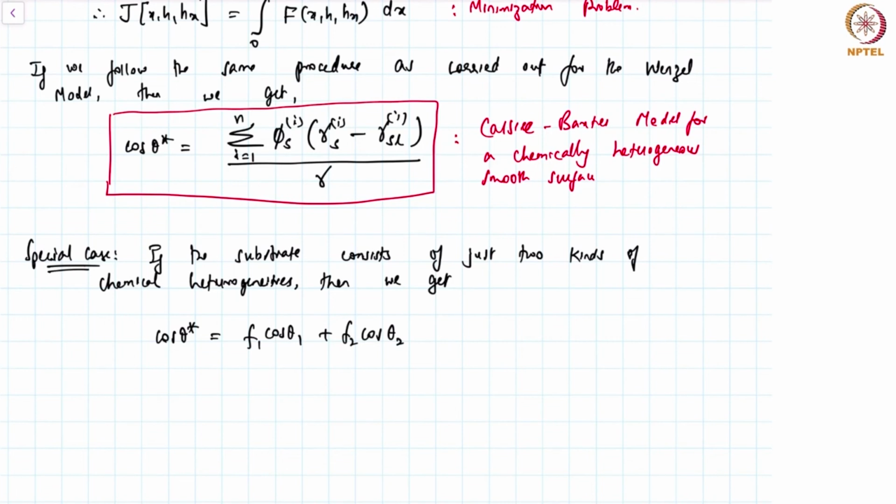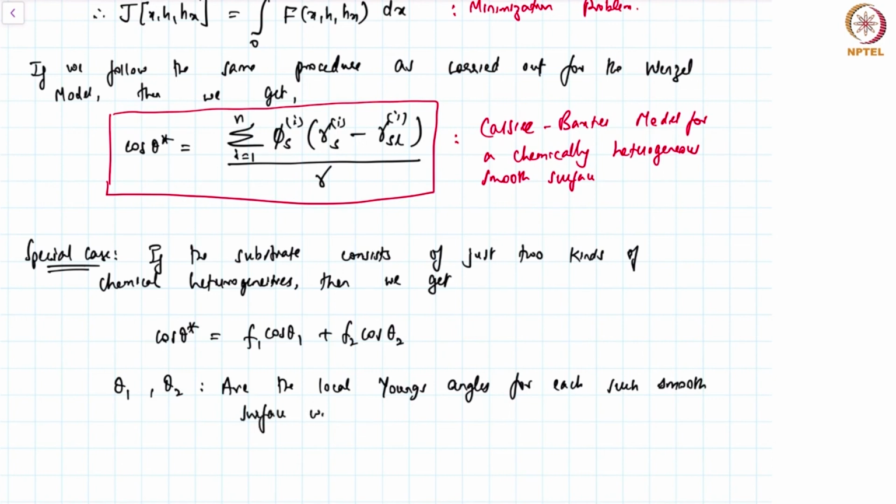Now, what is theta 1 and theta 2? Theta 1 and theta 2 are the local Young's angles for each such smooth surface with corresponding chemical heterogeneity or corresponding chemical properties. Let me explain what I mean by this.